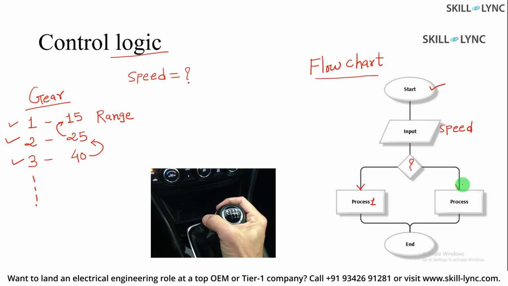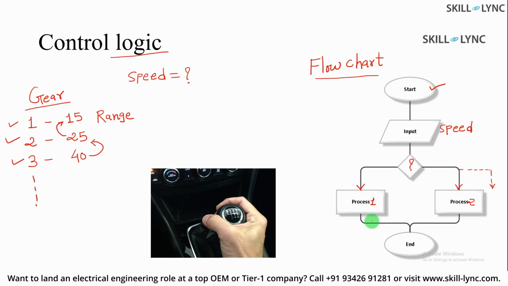If the value of the speed is above 15 and below 25, then probably you will be running your vehicle in gear 2 by, let's say, process 2.